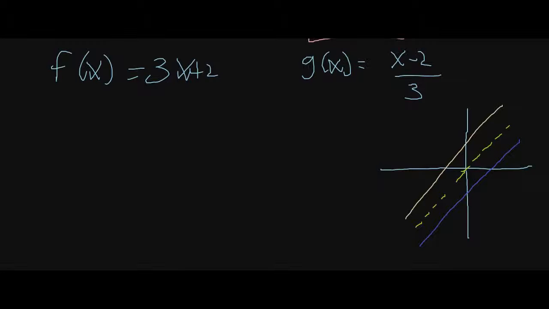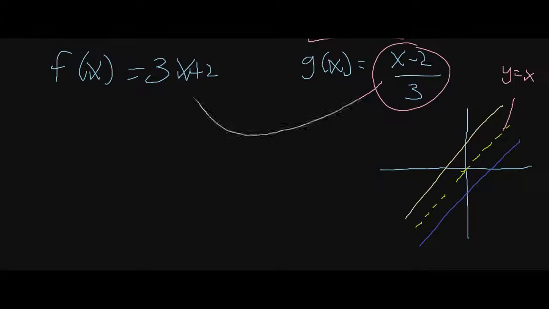So this here is the y equals x line. If this is my original function, 3x plus 2, and I take the inverse and plug it into my original function, we're undoing each other.